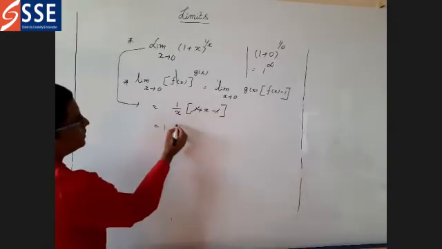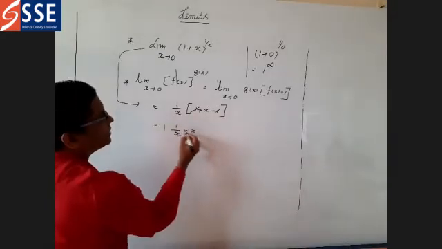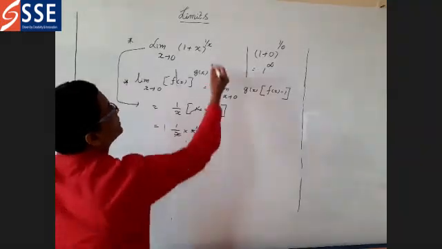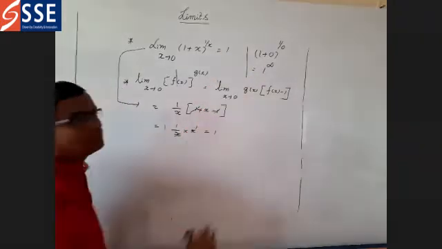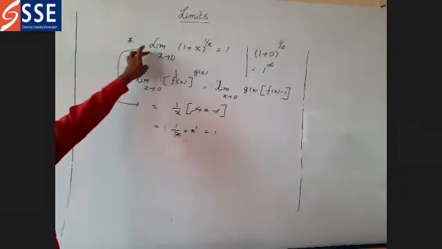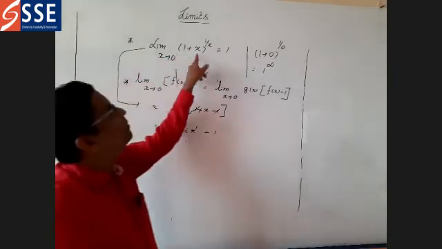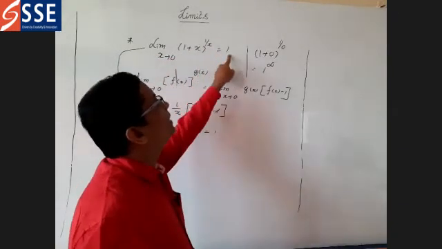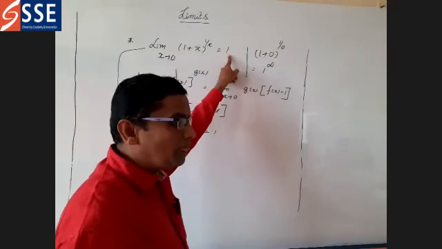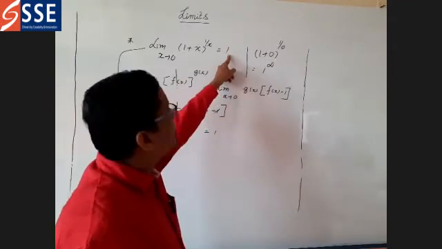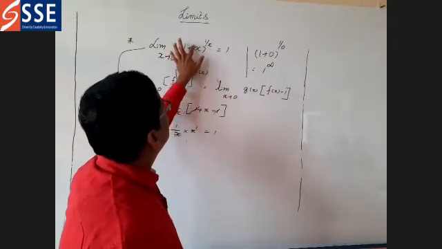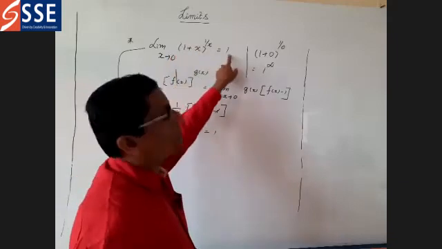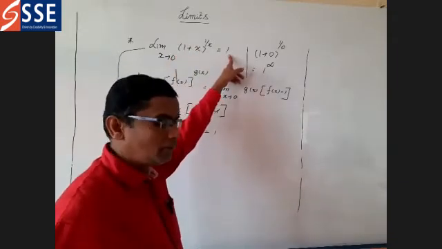At last, 1 by x into x, the x gets cancelled. What is the answer? The answer is 1. So limit x tends to 0 of (1 plus x) whole power 1 by x is equal to 1. You remember this: the coefficient of x here is 1. That is the answer for this type of problem.